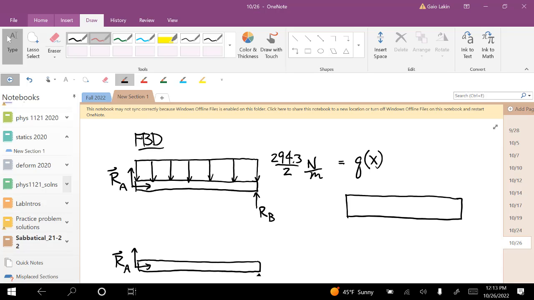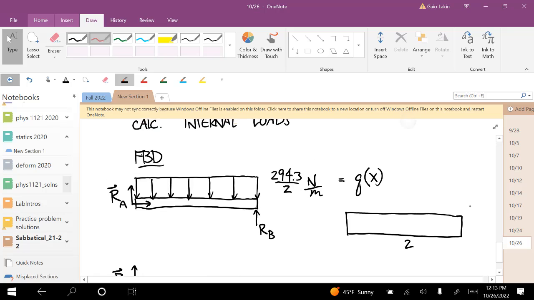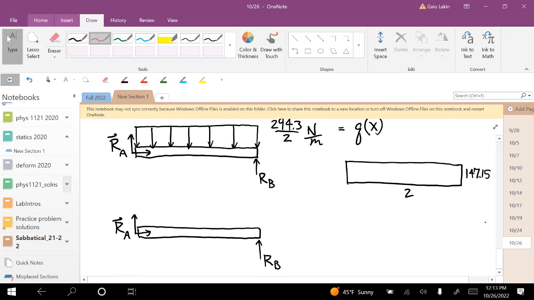Okay, so the length of this whole thing is 2 meters. The height is 147.15. And so the area, that's going to be the value of the point force, is 294.3. And the centroid is at the middle.